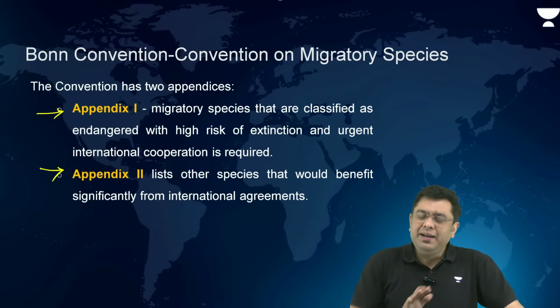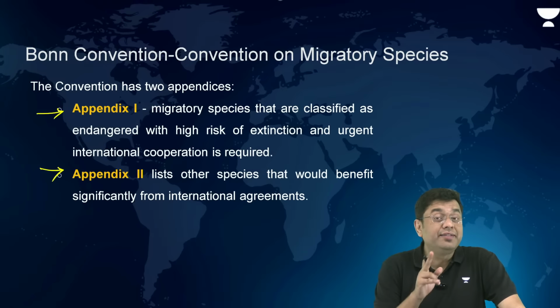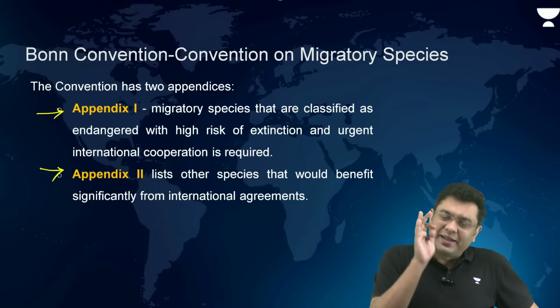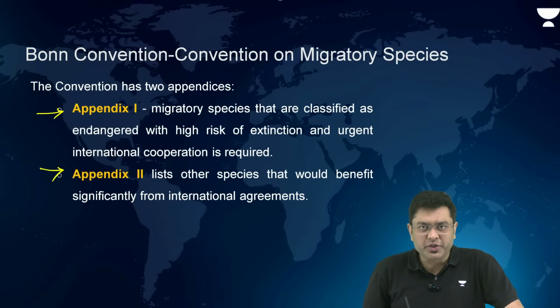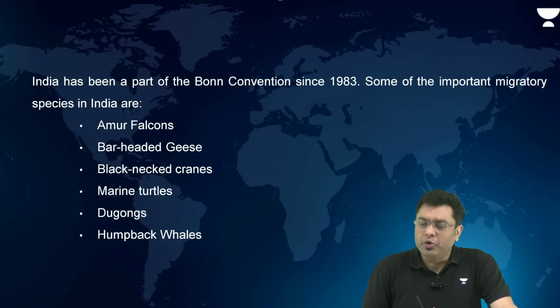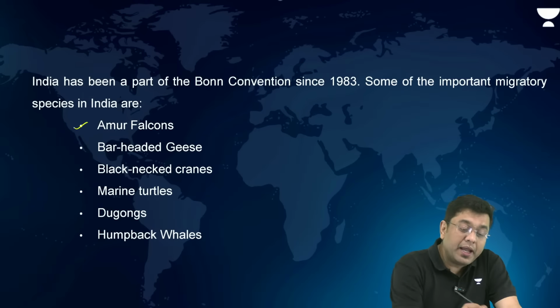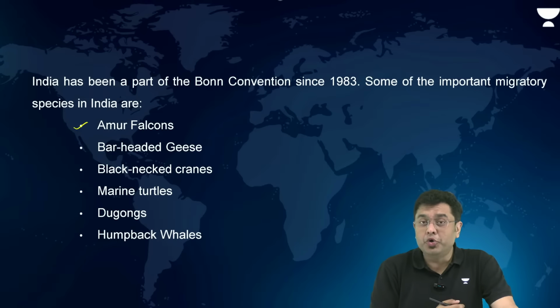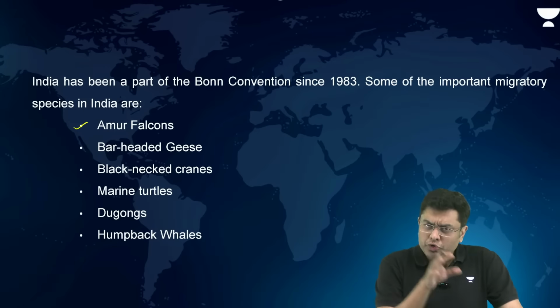Now, under this CMS, it is not as if only the aviary species or the bird species are covered, because migration is carried out by the terrestrial as well as marine species. India is a party to CMS. So when we talk about some of the migratory species in India, for example, Amur falcons, which come from the region of eastern portion of Asia all the way to the region around Maldives.